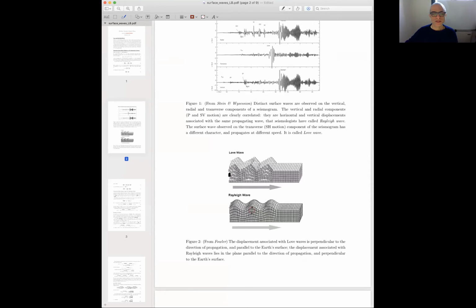Depending on the period, like I was saying the other day, depending on the wavelength, we can sample more or less deep. This signal will sample more or less deep into the Earth, and in turn, it can be used to constrain structure at more or less large depth into the Earth. What I mean by that is that if a long period Rayleigh wave propagates slowly in a certain region, we might infer that at some large depths under that region, there is some area where shear velocity is low.